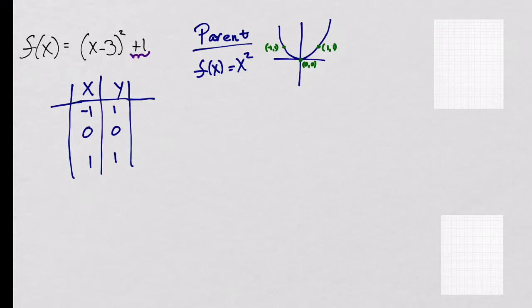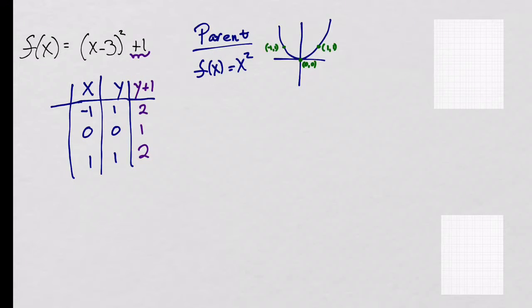Anything outside the parentheses affects the y, and we take it at face value, so we do y plus 1. We put these values, 1, 0, and 1, into my equation, y plus 1. When I do that, 1 plus 1 is 2, 0 plus 1 is 1, and of course 1 plus 1 is 2. These are my new y values.